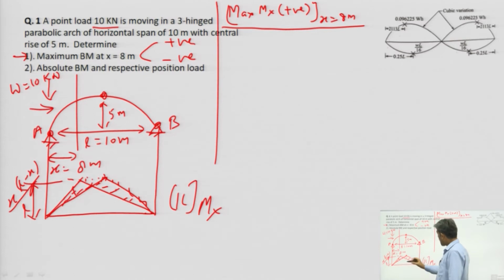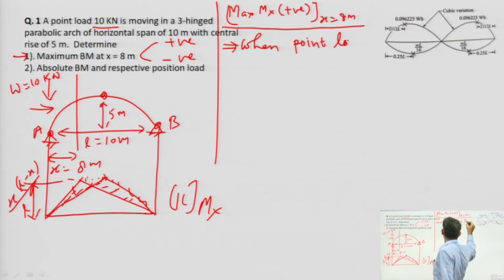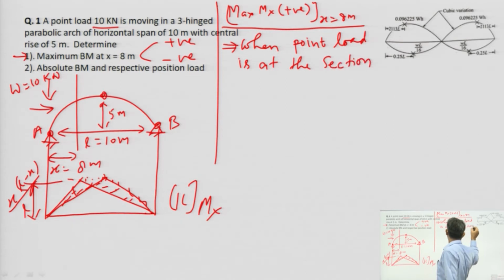From the IL we are seeing that it is maximum when the point load is at the section itself, when the point load is at the section.